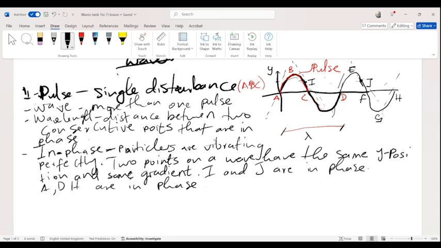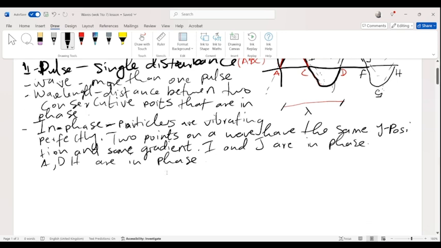What we have on the screen is a so-called transverse wave. We're going to be dealing with 2 types of waves: transverse and longitudinal waves. Now, what is a transverse wave?